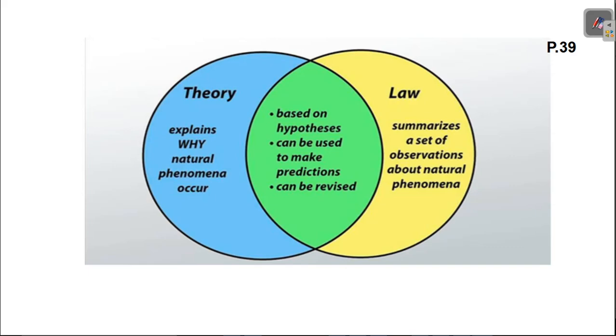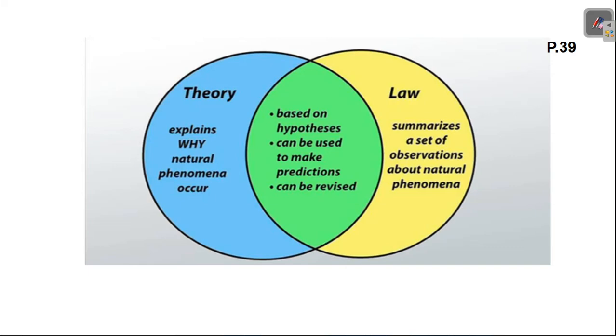Usually a scientist looks at the world, sees something that is interesting to them, wants to study it, does observations, reads about it, learns about what other scientists have learned about it, and then comes up with a plausible explanation for whatever has become interesting to them. Okay, so they're making a prediction. Hypotheses can be changed, revised, and then you create an experiment as a scientist to prove your hypothesis. Sometimes the hypothesis proves to be true, and sometimes it proves to be wrong, and you start all over.